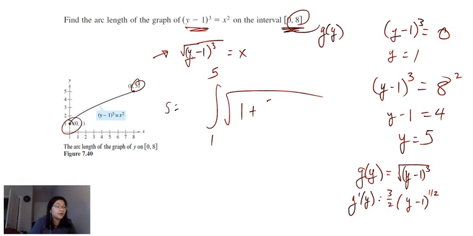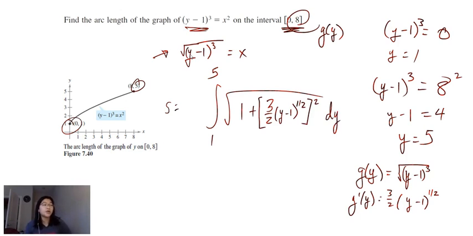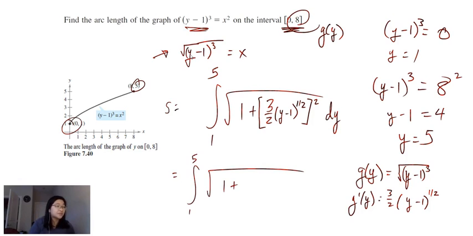So here we go. We got 3/2 y minus 1 to the 1/2 power. And all of this we are squaring because Pythagorean theorem, right? And then this is with respect to y. And again, that looks kind of gross. Not terrible, though. I might clean it up a little bit before I try to chuck it into the calculator. So we get what? 1 plus 3/2 squared is 9/4, and then y minus 1 to the 1/2 power squared is going to be y minus 1 dy.